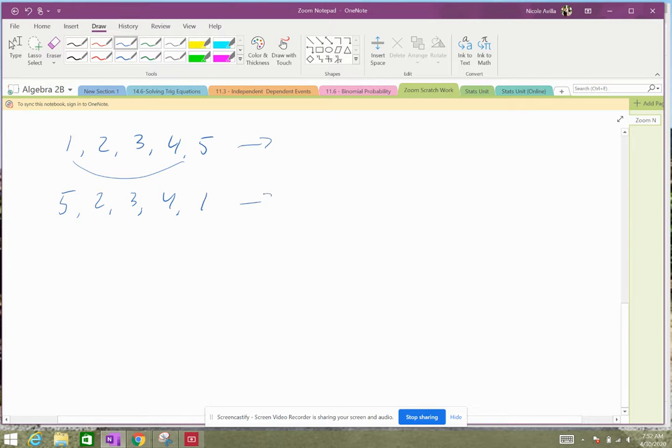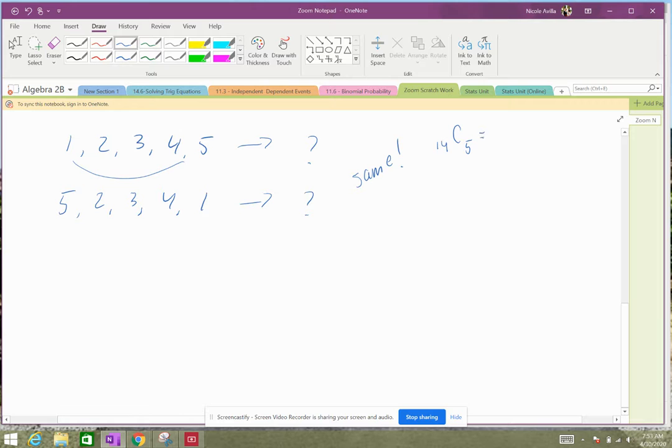The question becomes, would those be considered the same or different purchases? When you think about it this way, you can tell I would still be walking out with the same 5 masks. It wouldn't matter which order they were scanned in. So since I would say same, that means I can treat this as a combination.